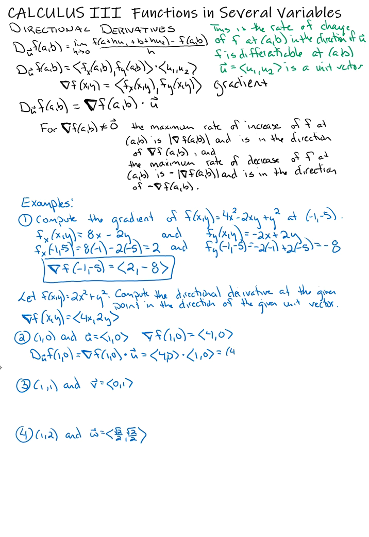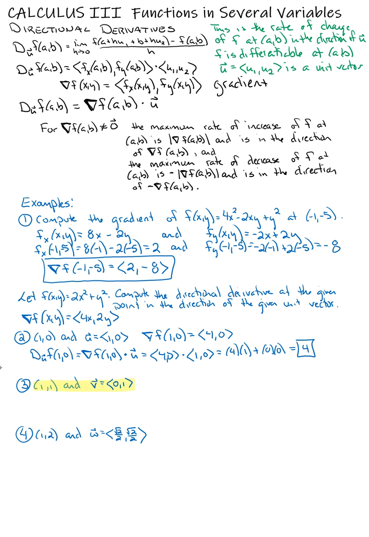Remember how to take the dot product of two vectors. It's the product of the first components plus the product of the second components. Multiply, add, put it all together, we end up with 4. So the directional derivative is 4.